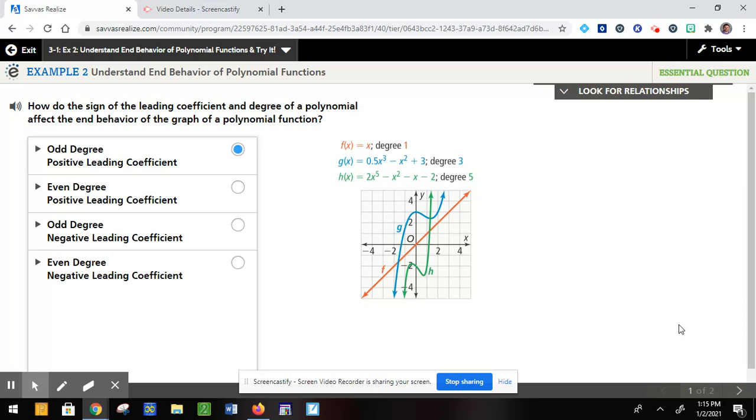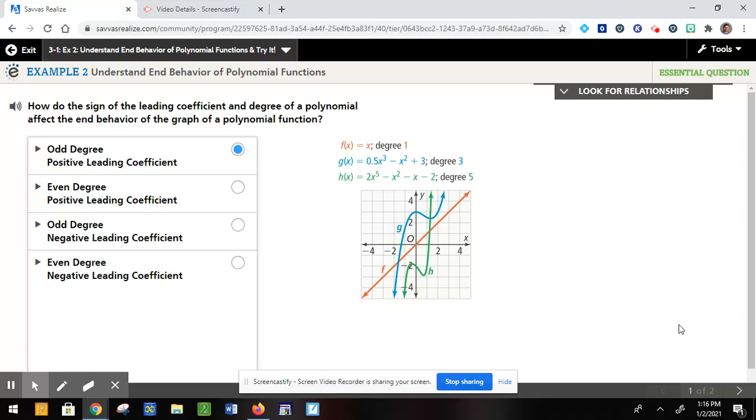You've got a degree 3 function here, a cubic function, the blue one. The leading coefficient is a half, but it's positive, and that's all that matters in our discussion here. The green one is a fifth degree function with leading coefficient 2, positive.